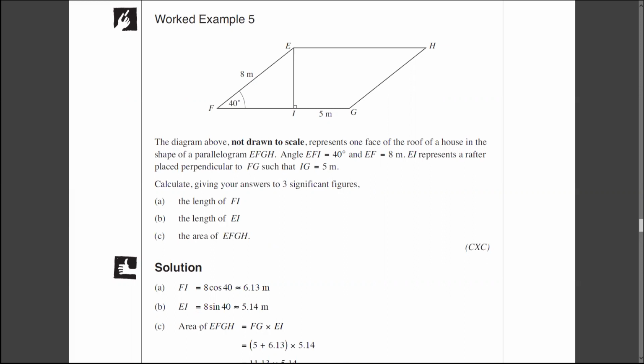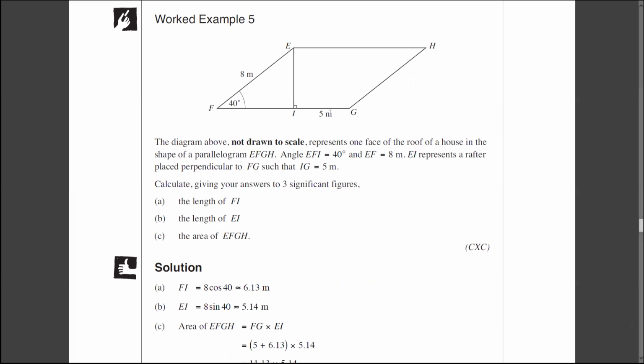And then the area of EFGH. What they do here is 5 plus 6.13.